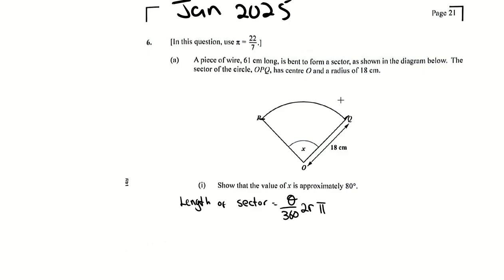So the length from here to here would be 61 minus 2 sets of 18s, which is 36. Right, 61 minus 36 is 25. So the length of your sector is actually 25 when you're using this formula. Right, so that is theta over 360.